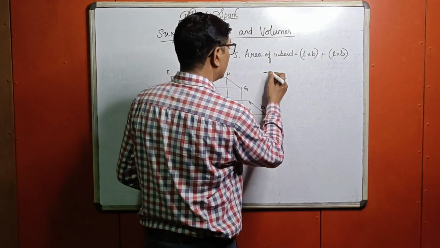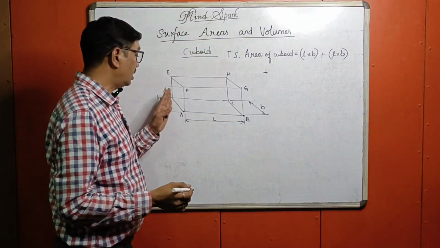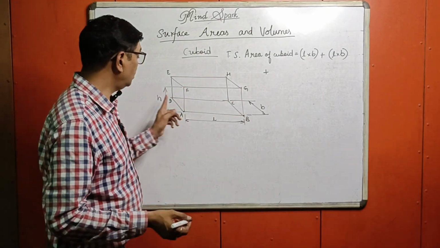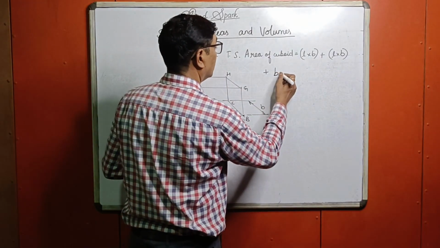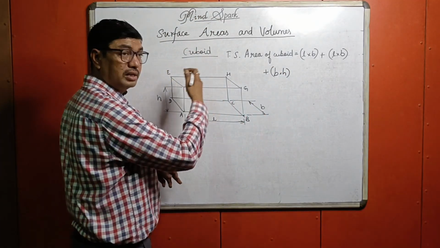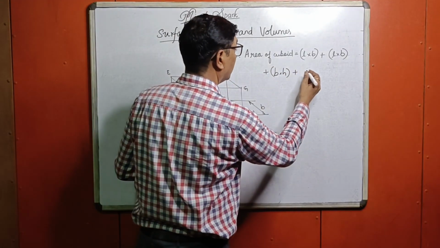Then again you can take the left hand and right hand side. Then that is B into H. How many are there? Left side and right side. Both, so you add it.